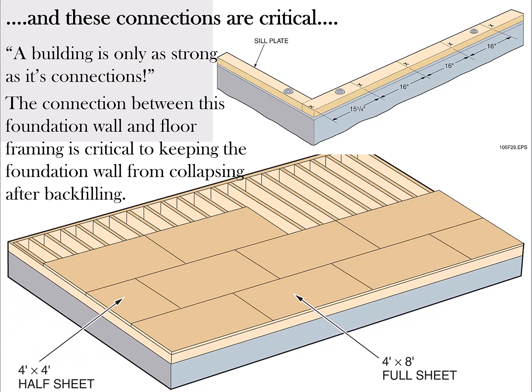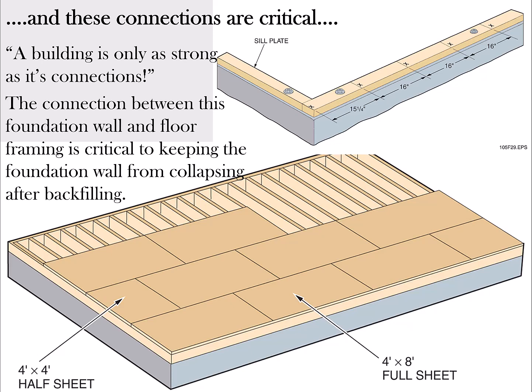Anyways, here we're looking at a basement wall, and you see the connections are a big part of it. My dad was a structural engineer, and he would always tell me that what makes most buildings and structures collapse is a bunch of failed connections.